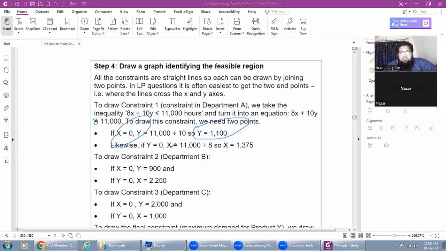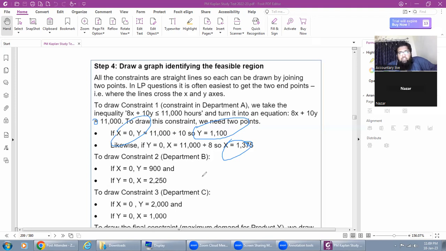Is this clear? Your algebra is good. If y equals 0, x equals 11,000 divided by 8, so x is 1,375. For this constraint, we now have 2 values for x and y to draw the graph.